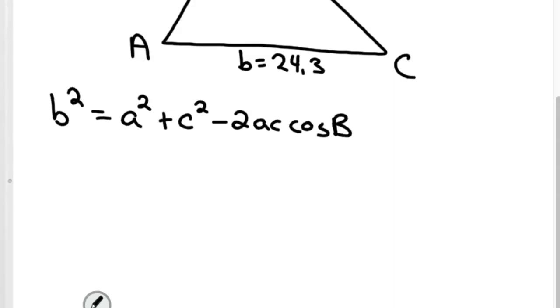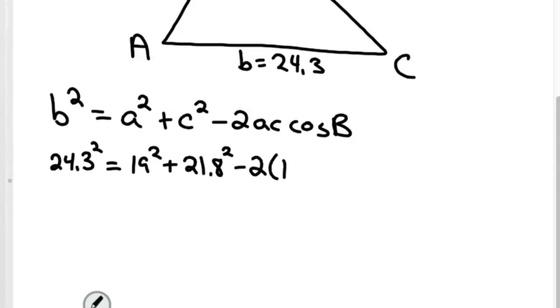In this case, 24.3 squared equals 19 squared plus 21.8 squared minus 2 times 19 times 21.8 cosine of B. We don't have the angle, and that's what we're going to have to solve for.